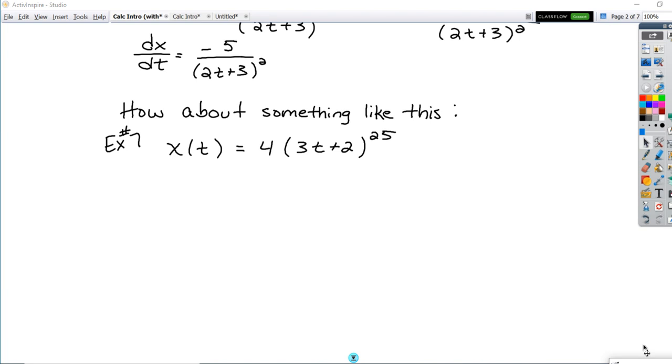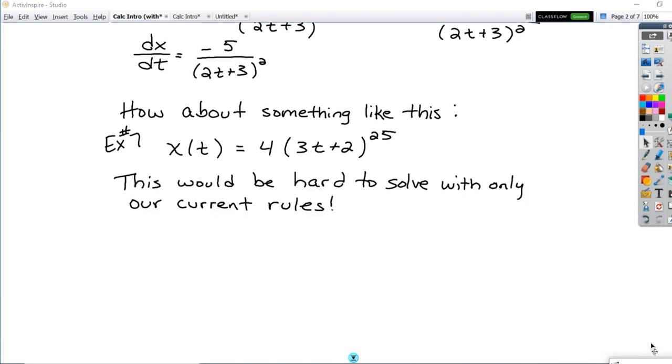So this would actually be a pretty difficult problem to solve with only our current rules. We essentially at this point would have to FOIL this out.